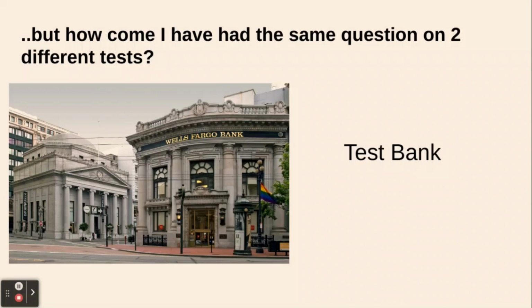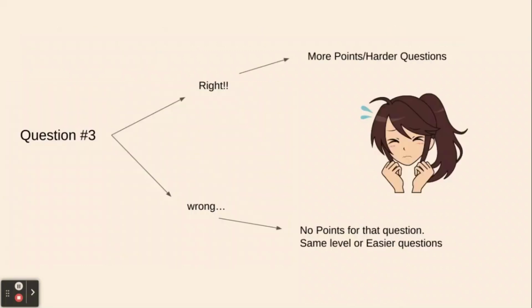Now, if you didn't really prepare hard, let's say for the second time around, you probably are going to fall into that same category of questions, and you're probably increasing your odds that you're going to get the same question again. Let's think of it this way. We've got question number 3, some random question, and you get it right.